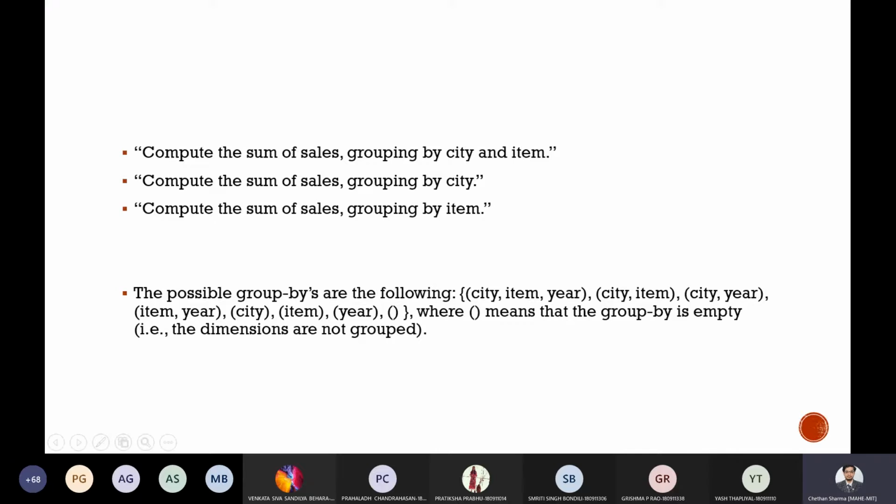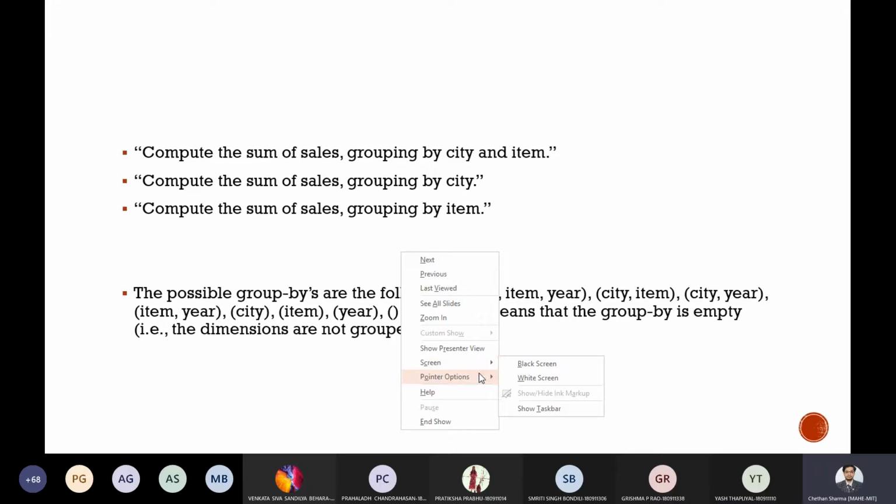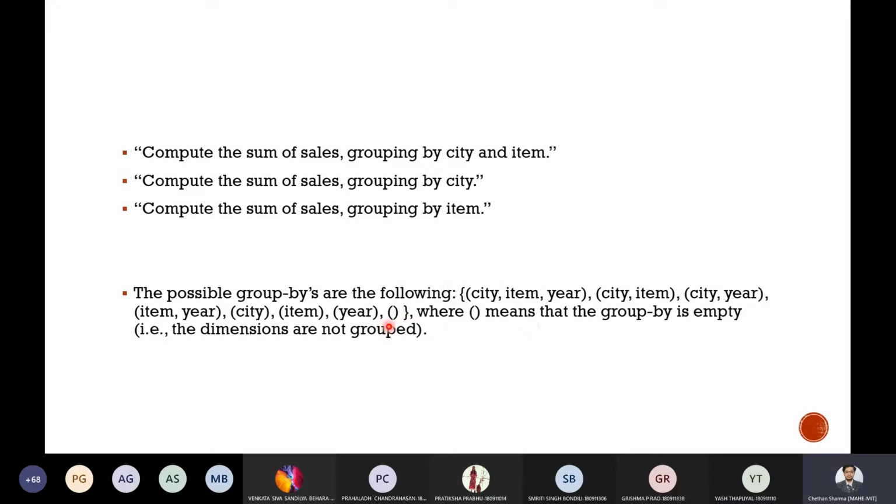The empty brackets signify that there is no grouping, or the group by is empty.